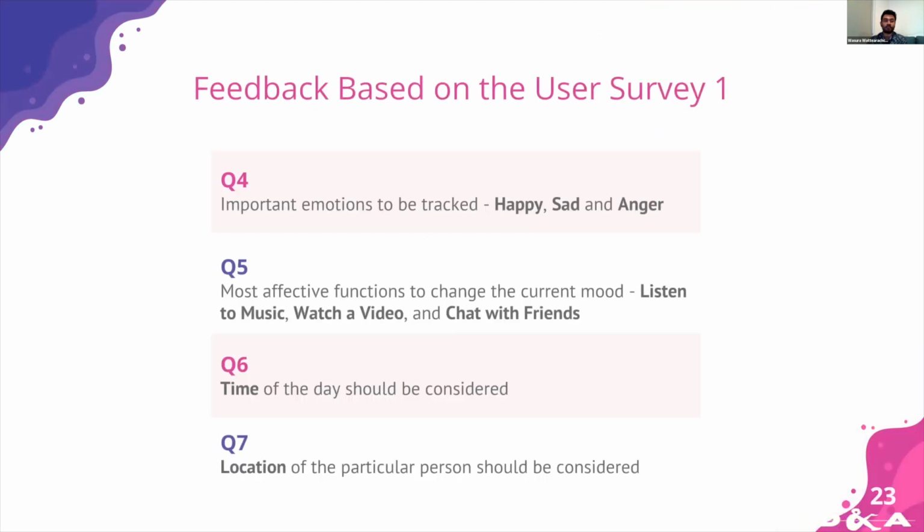From question 4, we identified that happy, sad, and anger were important emotions to be tracked, but since happy is already a positive emotion, we did not consider it. So we considered only sad and anger to be changed. Participants also stated that listening to music, watching a video, and chatting with friends are highly effective, and agreed that time of the day and the location of the user should also be important.